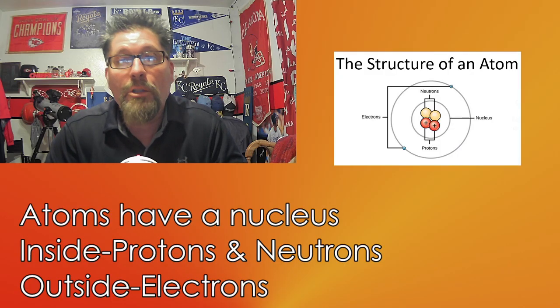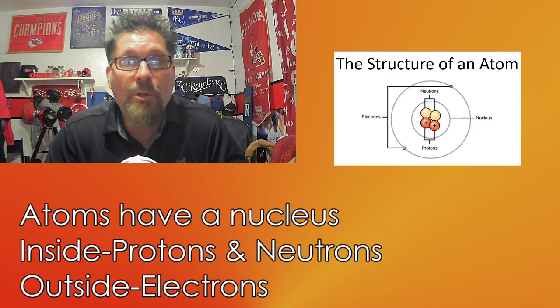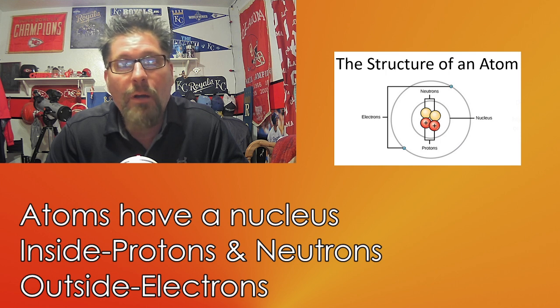Now, when we're talking structure of an atom, first of all, we're talking about an atom, which is that basic building block of everything that has matter. If you want to think of something that maybe visually you can compare it to, you could think of a cell in a body. Cells are the smallest living thing of all living things.